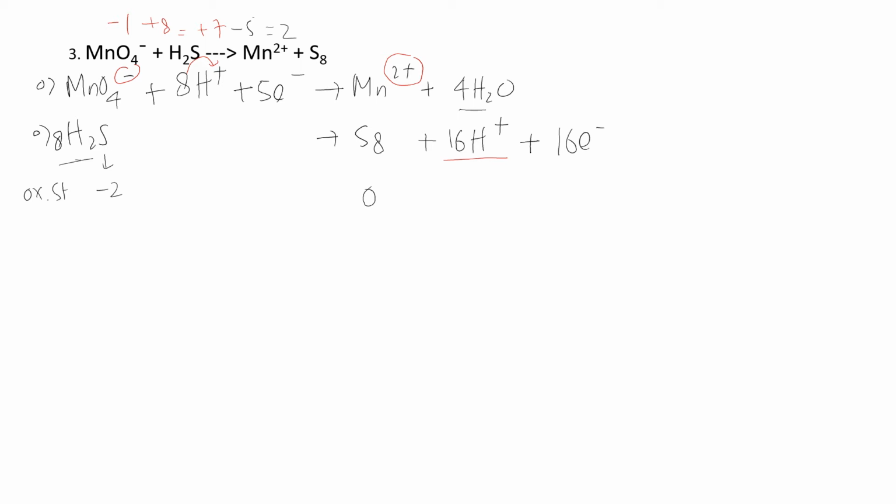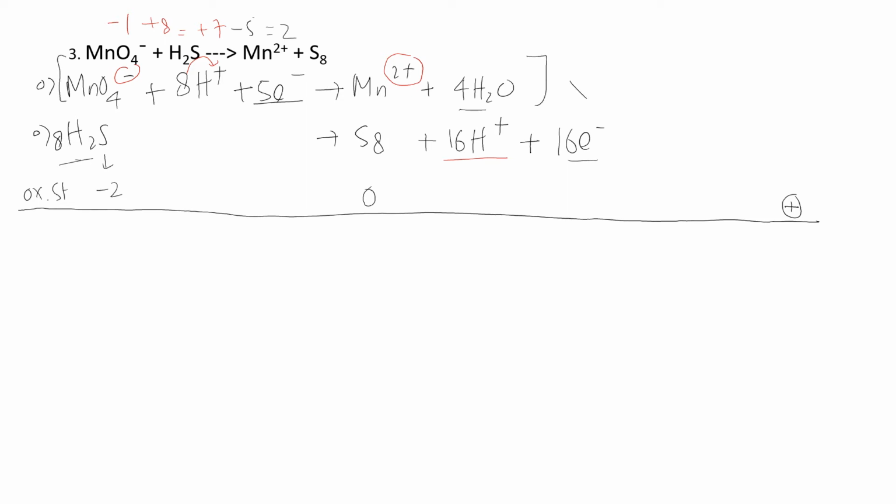After that, we add these two parts into one equation by balancing the number of electrons. The first we have 5 electrons. Then we have 16. So multiply the first part times 16.